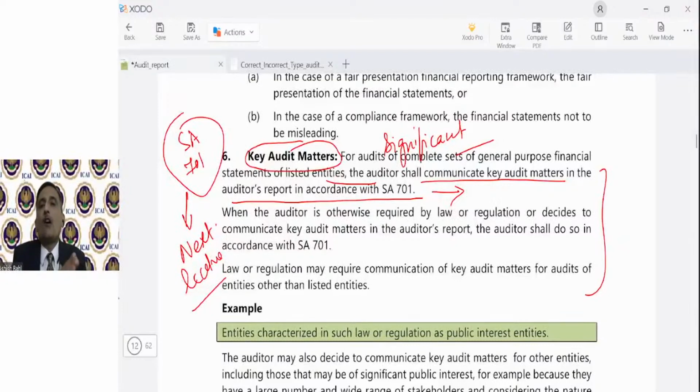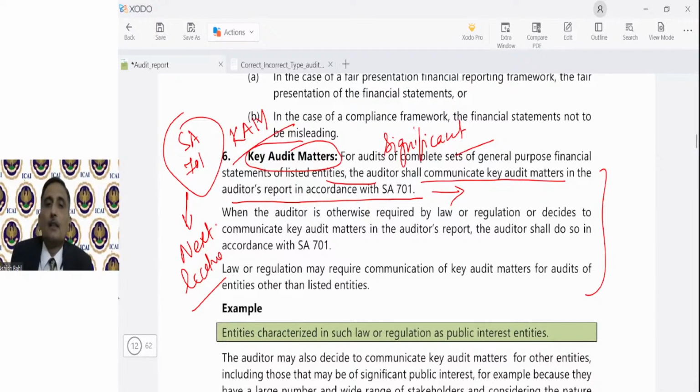So not only does the auditor state that these are the key audit matters, or in short, you can remember it as CAM, not only does he state this, but he also states how these were addressed by him in the course of audit. So say if I am identifying something as an important matter, I would also write what I did about this thing, what procedures I had performed.